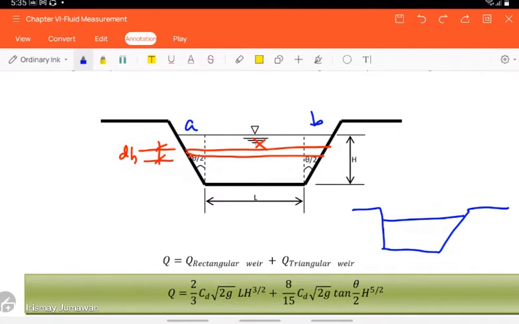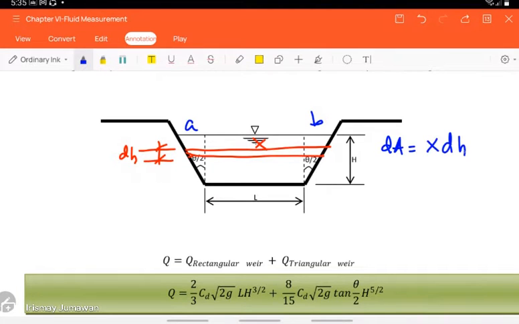So, the derivation. Again, you get an elementary strip for that and the area. Since that is a differential strip, the area is also equal to x dh. So x there is equal to a plus l plus p.